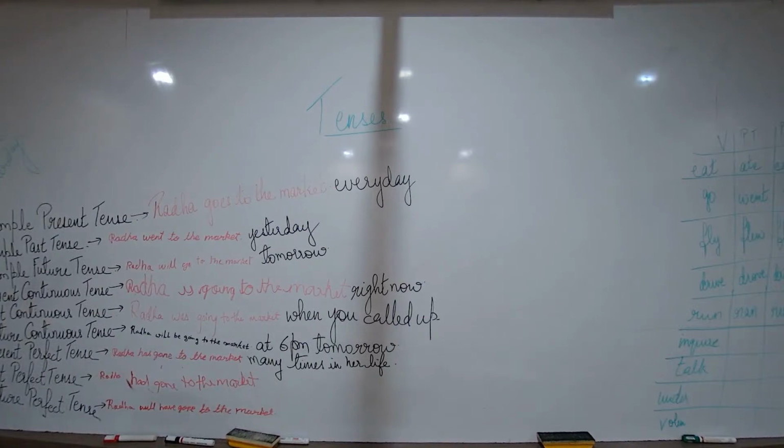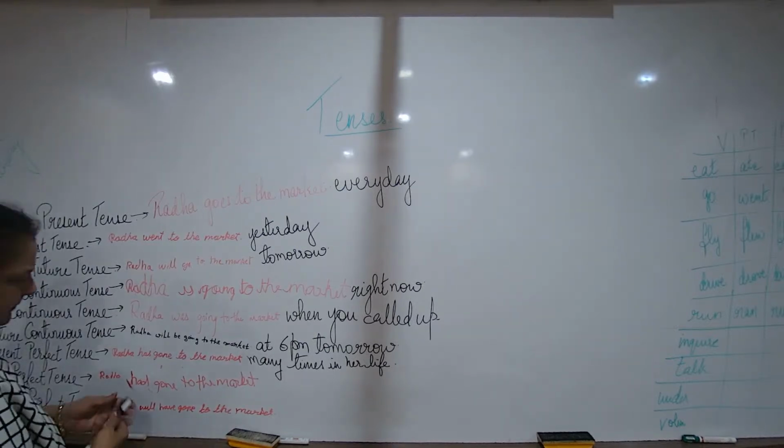You know, कि एक होता है कि राधा मार्केट जा रही थी जब तुमने कॉल किया था, एक था कि जब तुम आए थे तो राधा गई हुई थी. I think this is that, but let me check. Yeah, Radha had gone to the market when Hari came home. This is that.